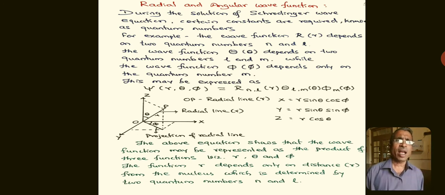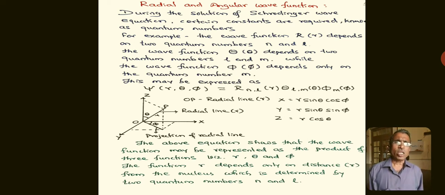Here it is given x is equal to r sin theta cos phi, y is equal to r sin theta sin phi, and z is equal to r cos theta. Students, how have these come? These have derivations, which are not necessary at present, but you have to remember that we converted the Cartesian coordinates into polar coordinates using mathematics.